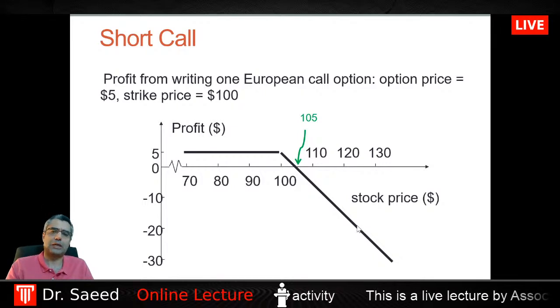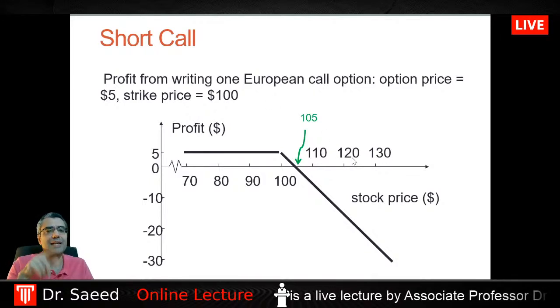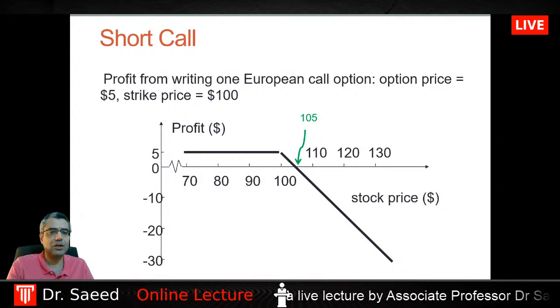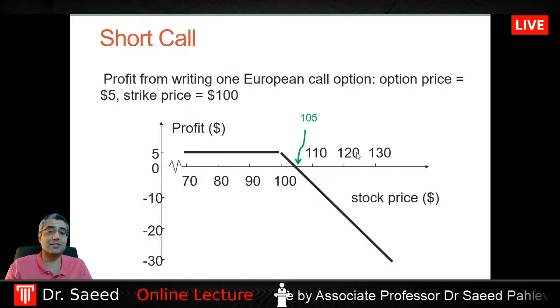Now, another example. Suppose after 2 months, the stock price in the market is 120. What happens? Short call. Call means the buyer has the right to buy the underlying asset at $100, while in the market the price of the asset is 120. So of course the buyer of the contract will exercise it.